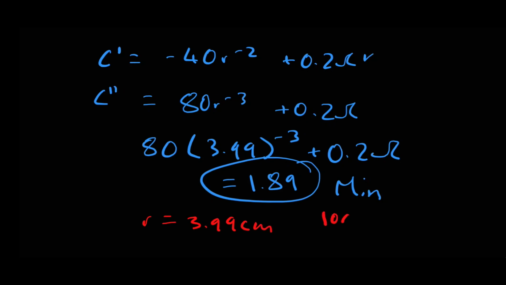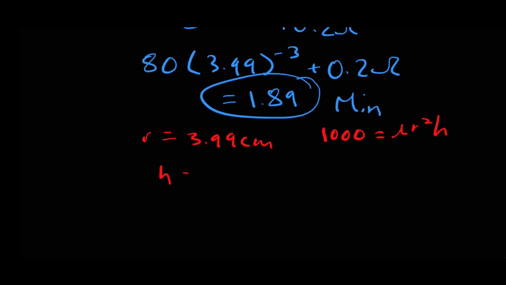And now we can plug that into the volume formula to find the height. So 1000 equals pi r squared h. That means that h equals 1000 over pi r squared, which we actually already found earlier.